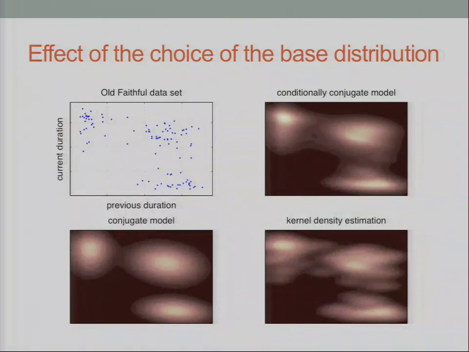Okay? So if we try to model this data using Dirichlet processes, using a conjugate model that I showed you how to use in the previous slides, we get a density distribution that looks like this. There are three peaks that are kind of smooth.